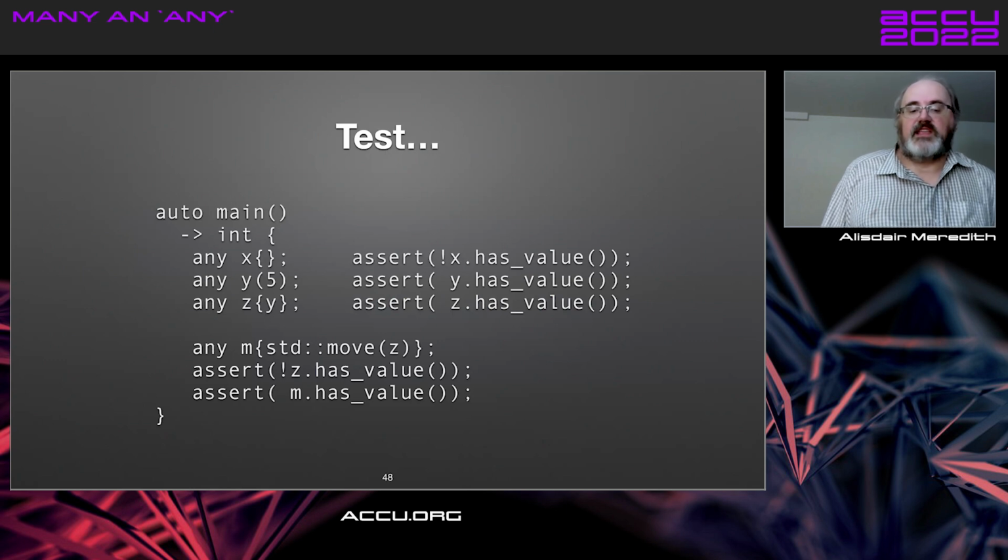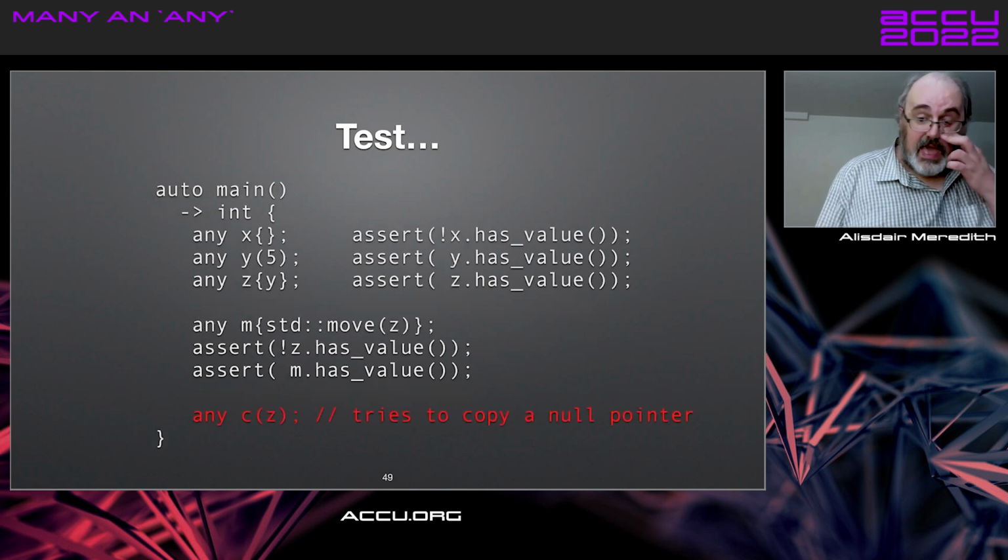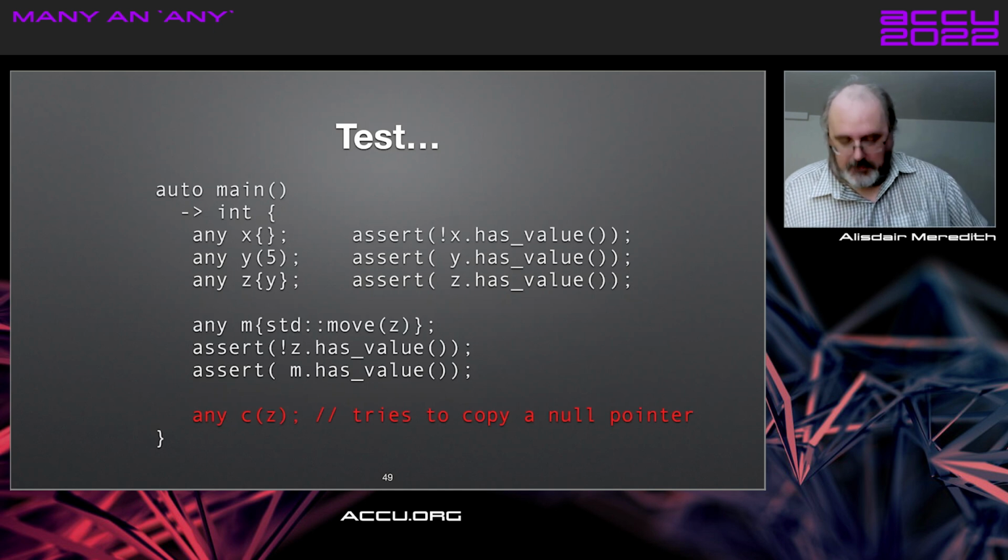So we go back and run our test. All those original any x, y, z are now passing, but now I've got my move constructor. I just better make sure that's running as well. And just for completion, because we're going to want our test driver to have any chance to expose bugs, now that I've moved from Z, let's try and make a copy of it.